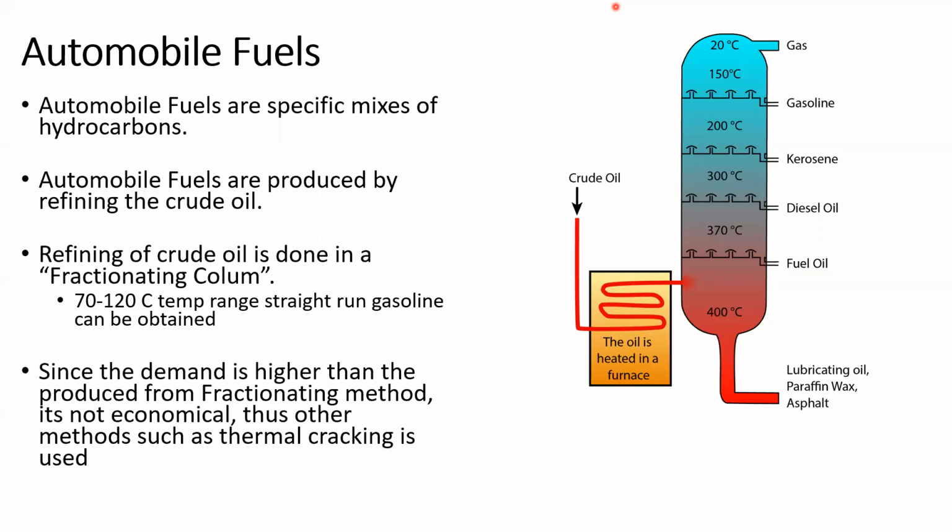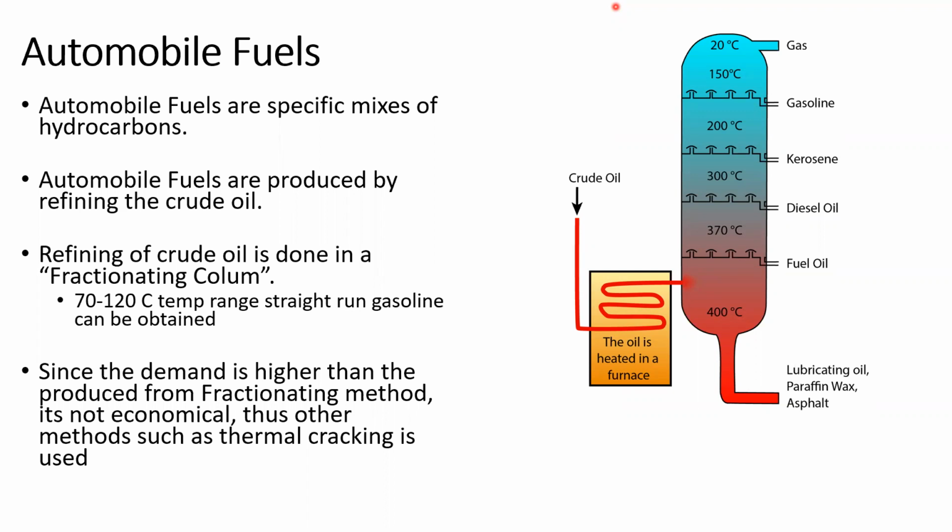Compression ignition engine means basically a diesel engine, where compression of the air fuel mixture ignites by itself, and in the petrol engine, the air fuel mixture needs an additional spark in order to start the combustion, right?